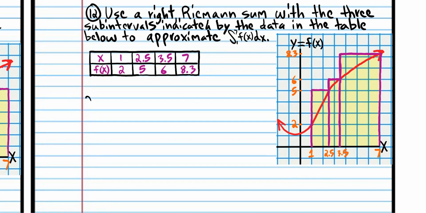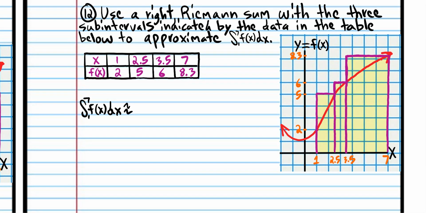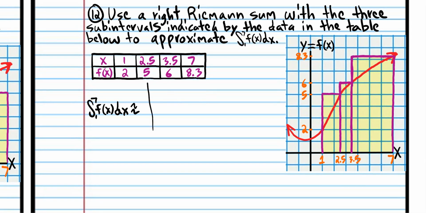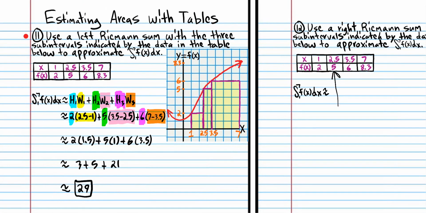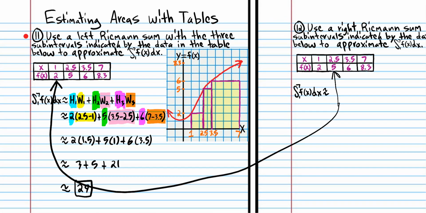So the integral of f of x from 1 to 7 is approximately equal to, now what is the height of the first rectangle? The height is actually 5. So we're starting with this number. In the previous problem, we started with this number. You see that?